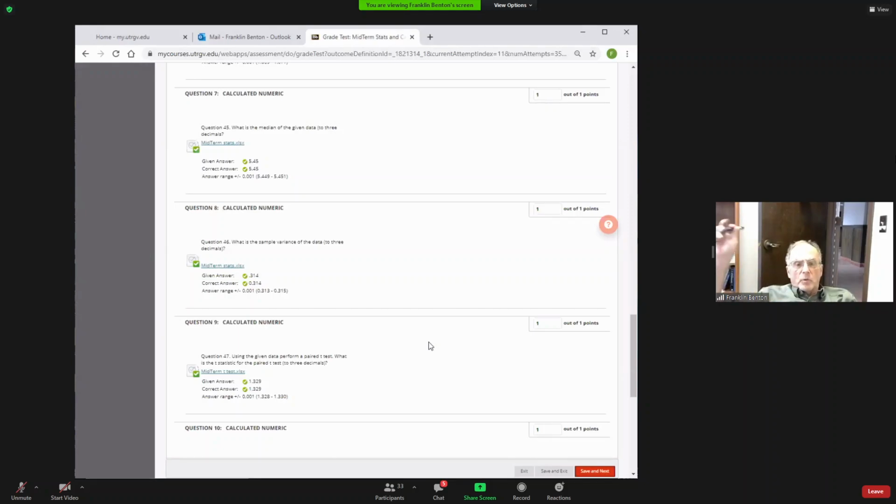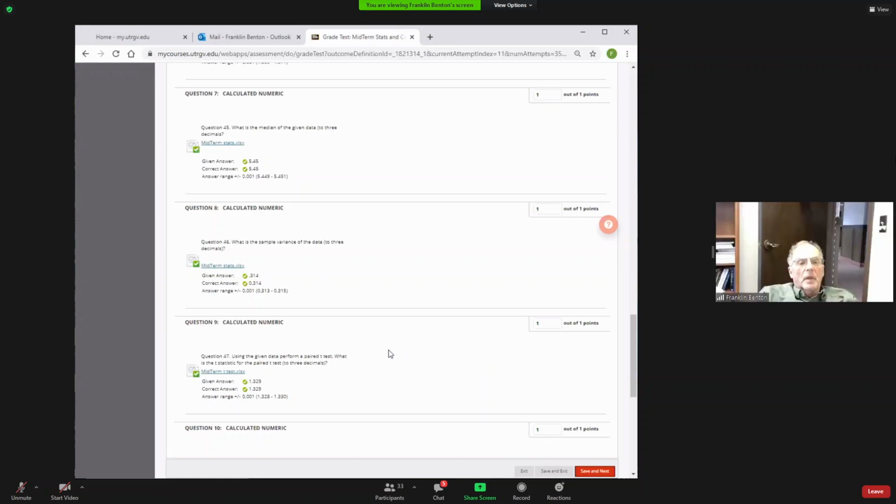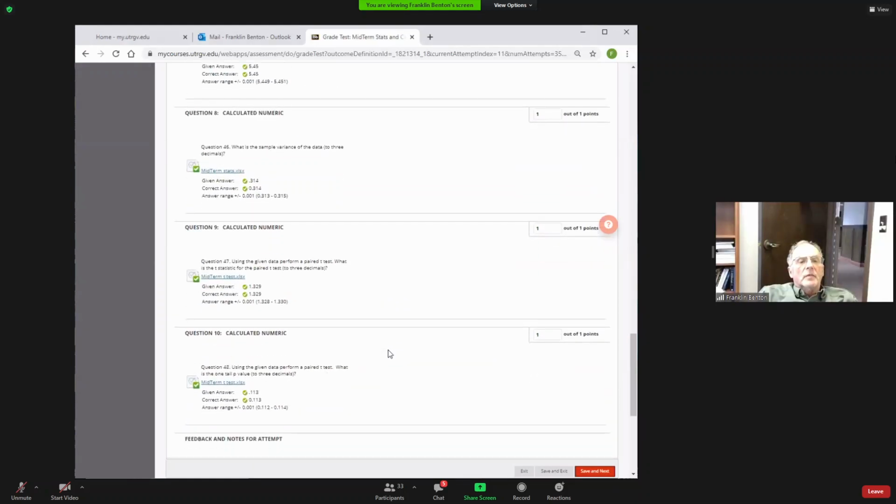If you had problems with it, let me know during lab or whenever you can get to these things and take a look at them. Okay. Number 10, using the given data, perform a paired t-test. What is the one-tail p-value? Anyone have problems with that? No, sir, none at all.